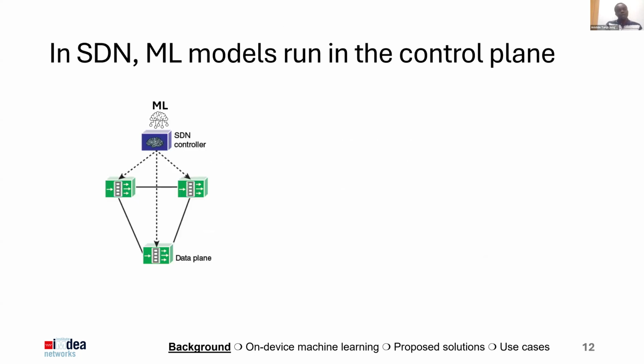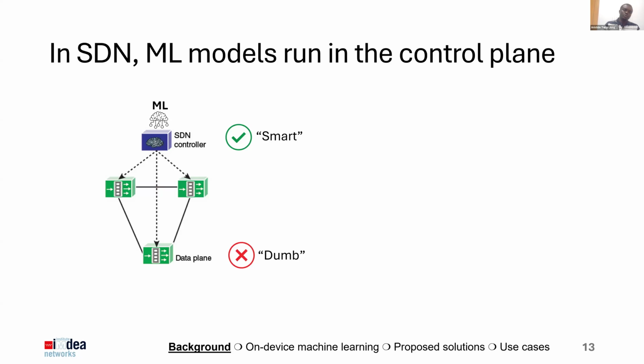In the traditional SDN architecture that we saw, where we have a programmable controller and a data plane which you can configure from the control plane, typically the machine learning models will be implemented in the control plane because, of course, the control plane is where you can have intelligent servers, and so we would consider it to be smart.